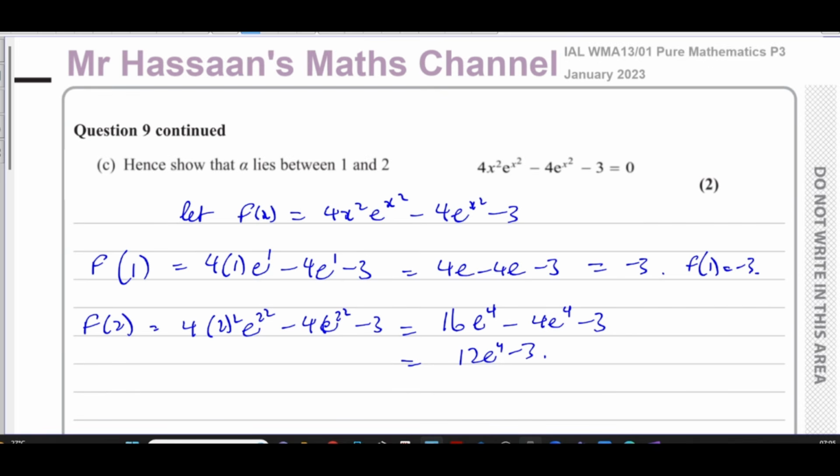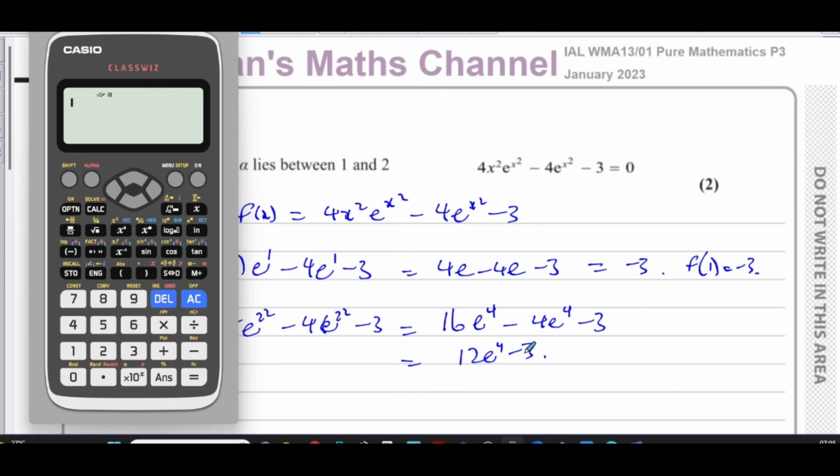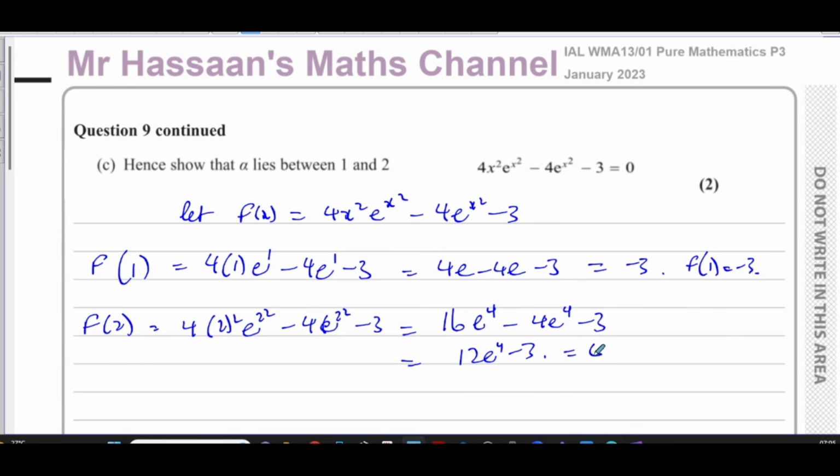Of course, it looks like it's going to be positive, but I'm going to put down its actual value. So 12 times e to the power of 4 minus 3 gives you 652 to 3 significant figures. So when you put in f of 1, you get negative 3. When you put in f of 2, you get positive 652.